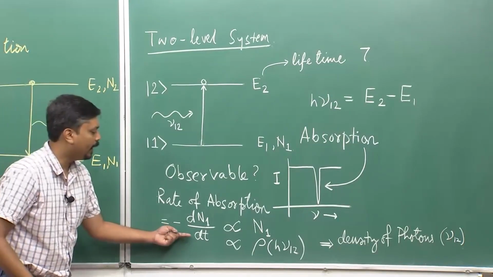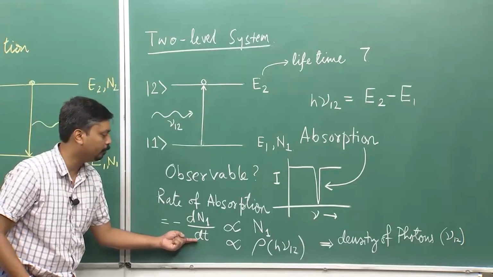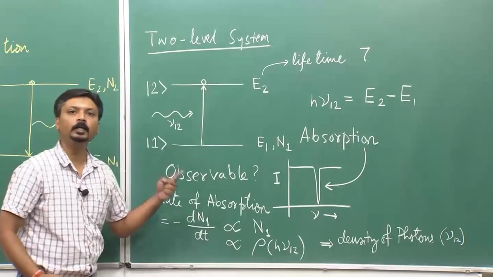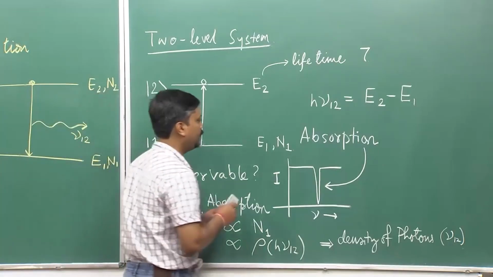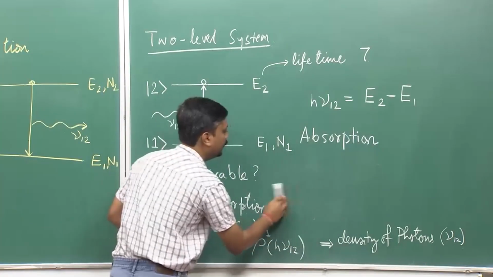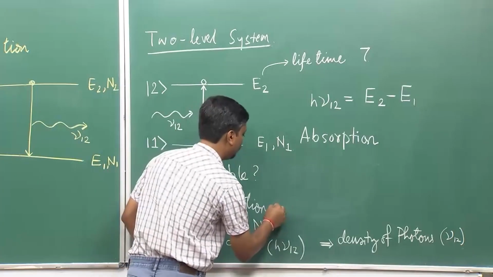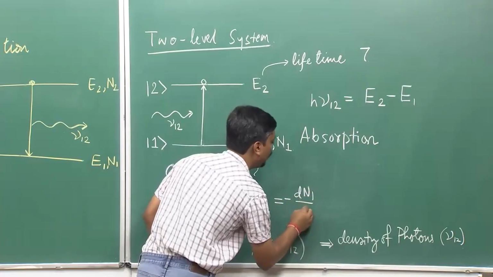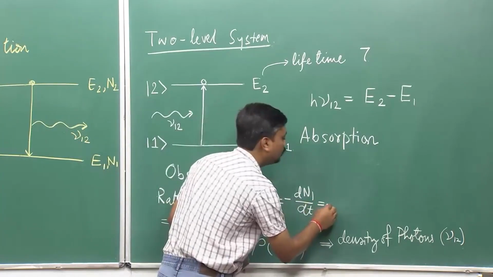So if I have to find out the value of minus dN1 dt, then we have to go from this proportionality to an equality condition. So from here I can write this rate of absorption, minus dN1 dt, equal to some constant.